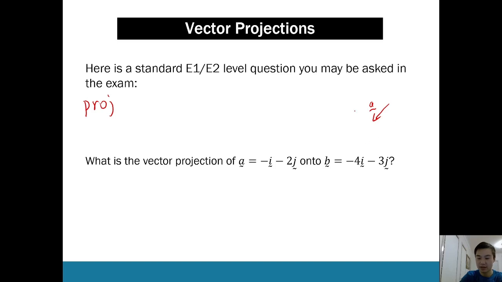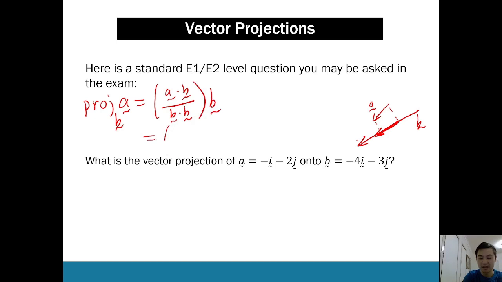We're finding the projection of A onto B, which we said is the dot product of A with B over the dot product of B with itself, times the vector B. The dot product of A with B is -1 times -4 plus -2 times -3.